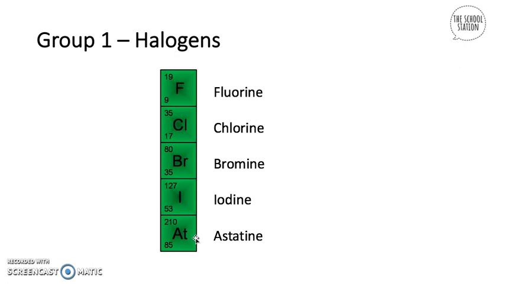You don't necessarily have to memorize this if you have the periodic table in the exam. So now that we have clarified what the halogens are and their five elements, we can look at the properties of halogens.